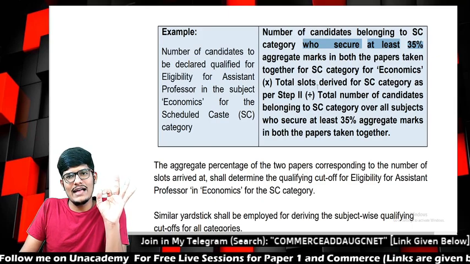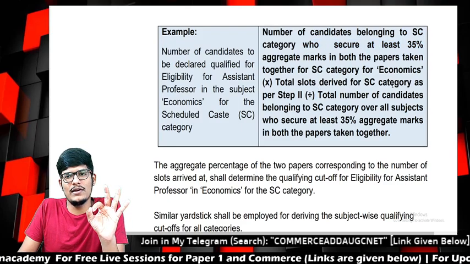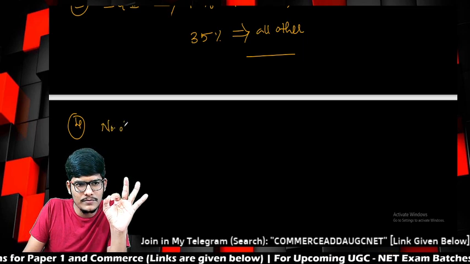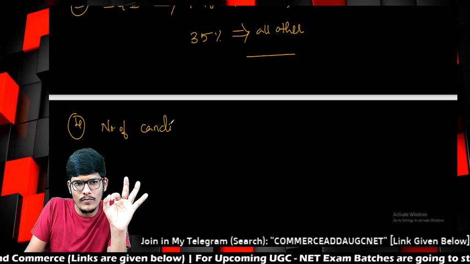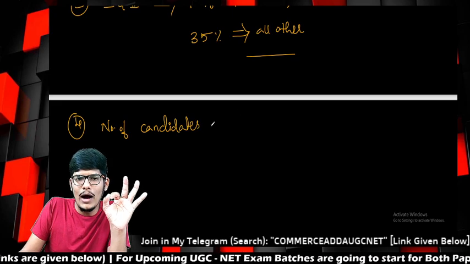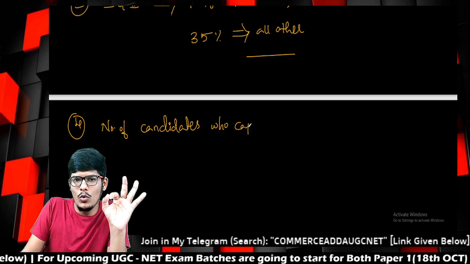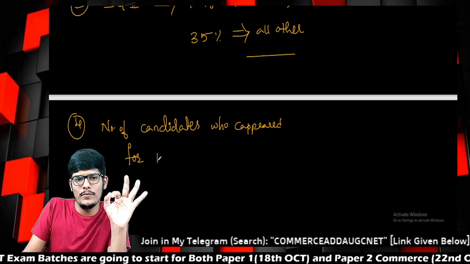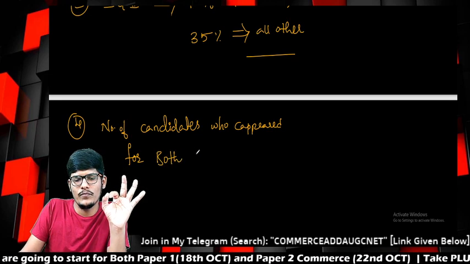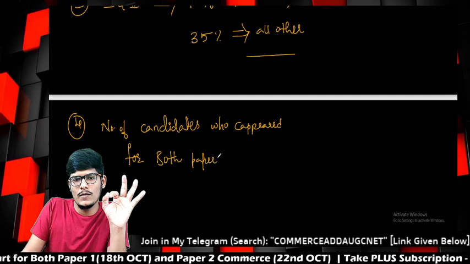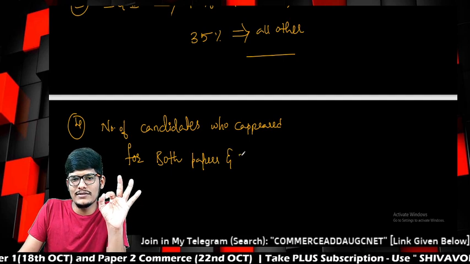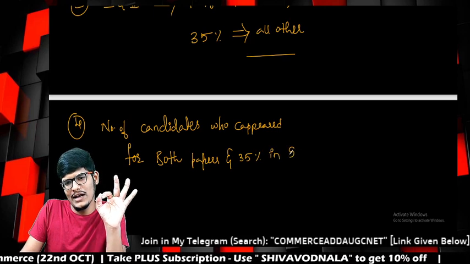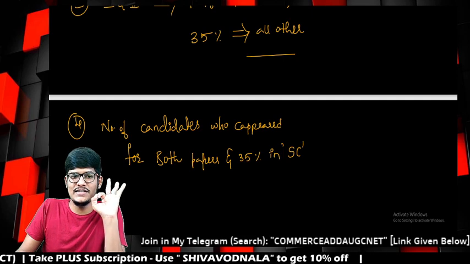And the total slots available are derived for the, suppose I will write first one: number of candidates who appeared for both papers and they got 35% in the SC category, who belong to SC category only. This is the first one.